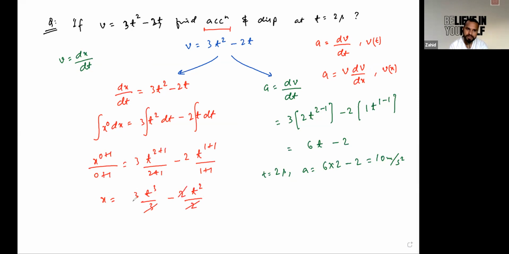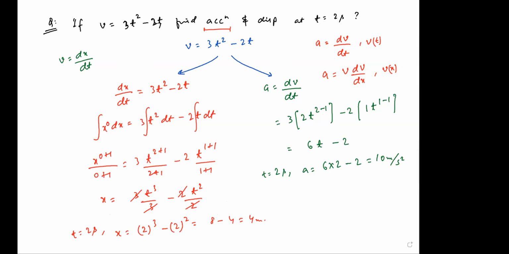This 2 and this 2 will cancel out, this 3 and this 3 will cancel out. Now if you put t to be 2 seconds and simplify it, you will get x equals 2 cubed minus 2 squared. 2 cubed is 8 and 2 squared is 4, so it will be 8 minus 4, that is 4. Is it clear? Samara? Yes, sir. Okay.